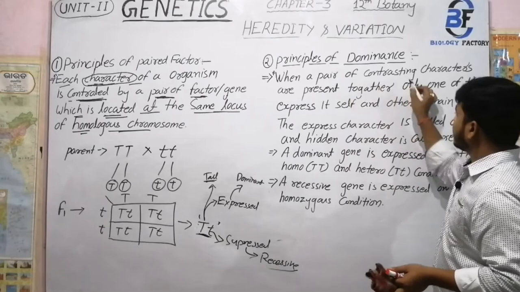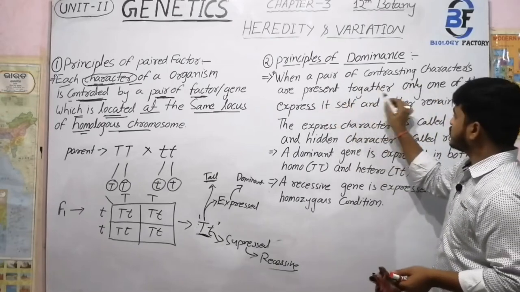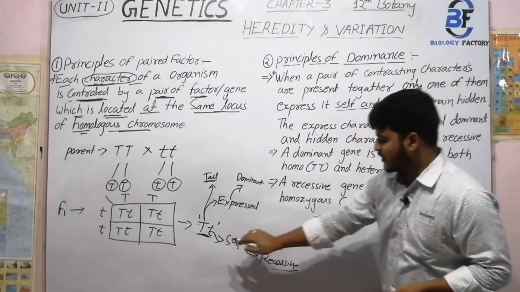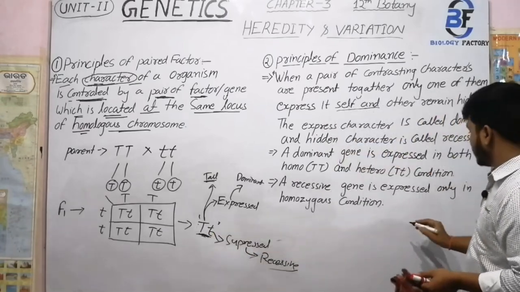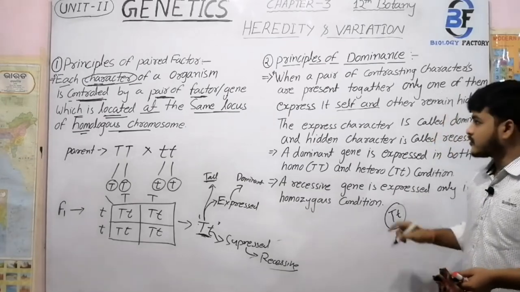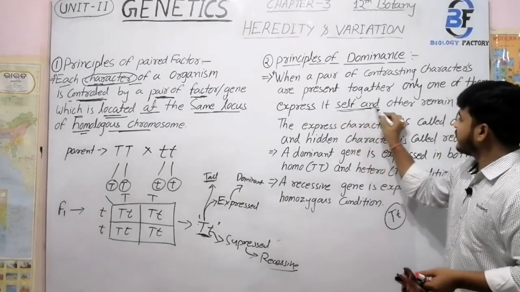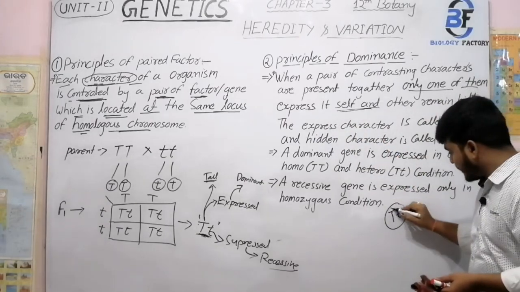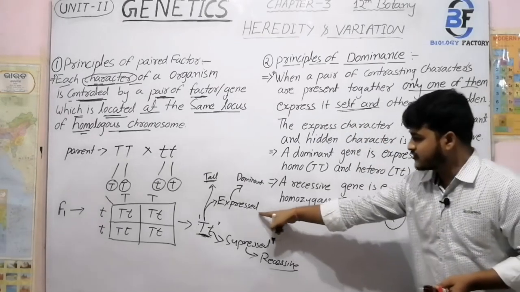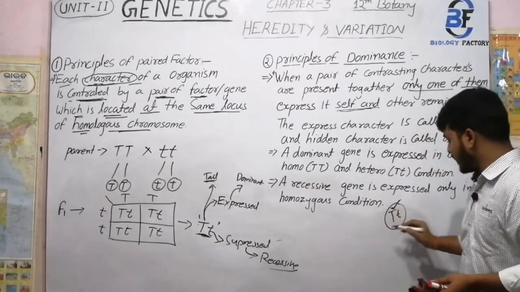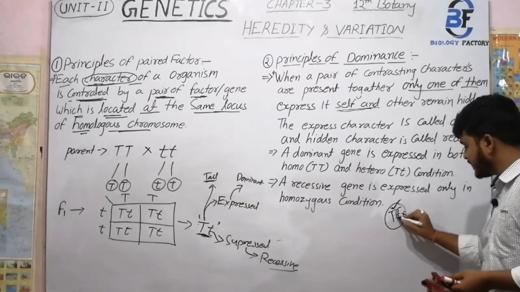When a pair of contrasting characters are present together, only one of them is expressed. Here capital T small t is present, and the capital T is expressed. It is the expressed character, which is the dominant. The other remains hidden.